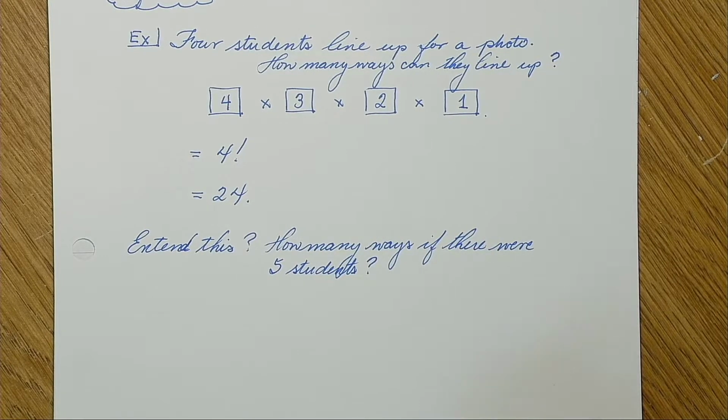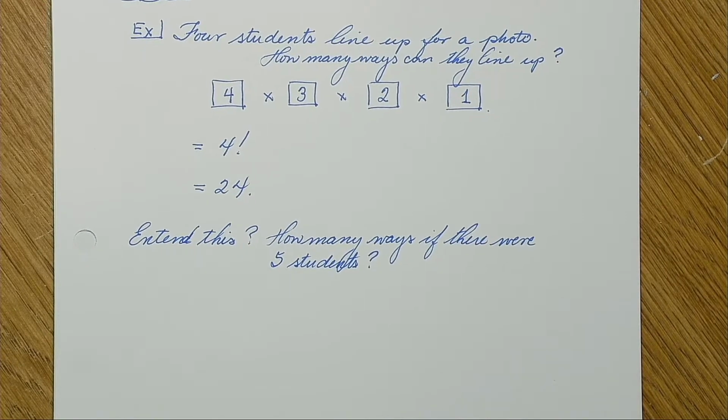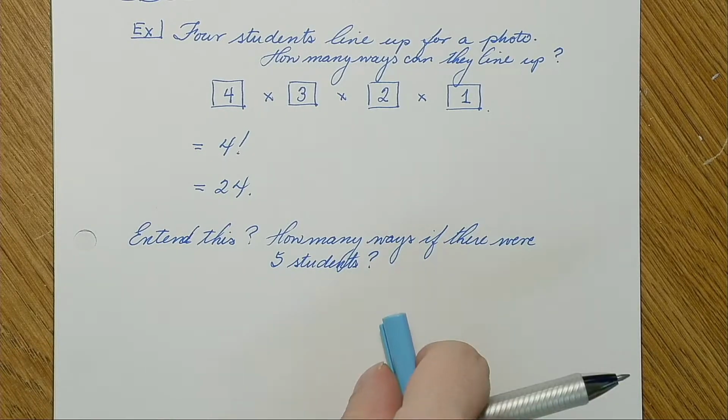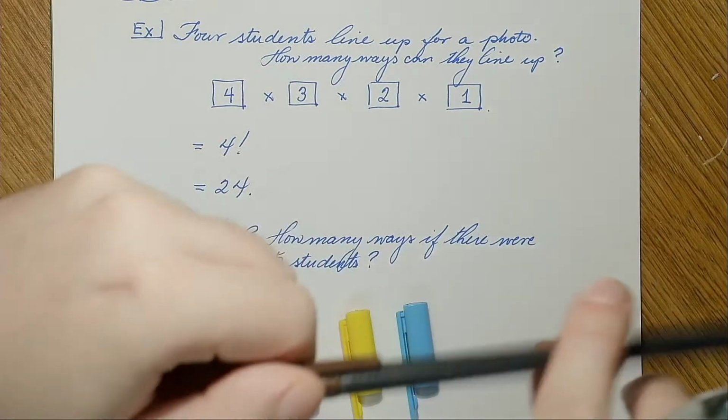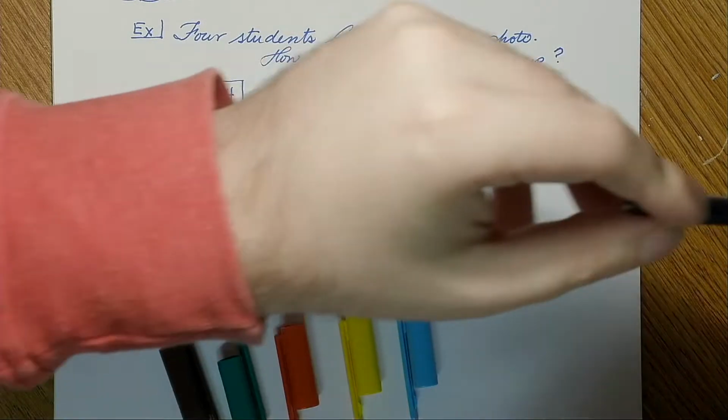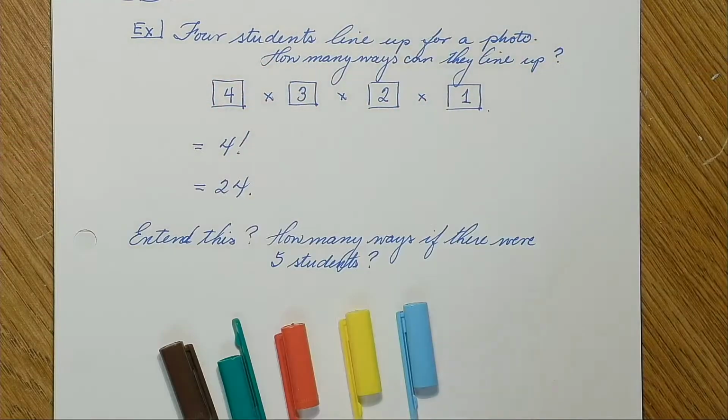So just in the chat, what do you think the answer is for that one? So instead of having 1, 2, 3, 4, we're going to have one more. So we have 5. How many do you think that there's going to be?